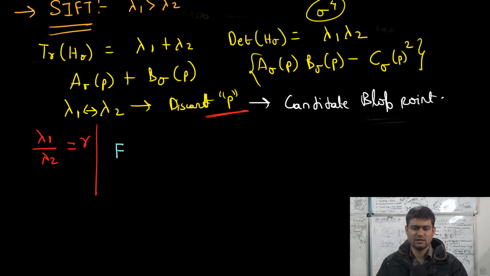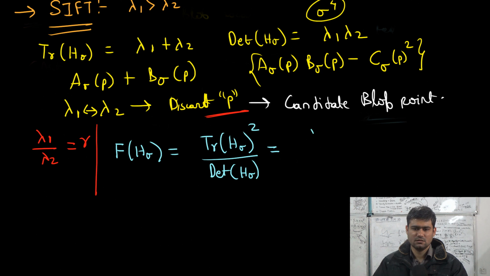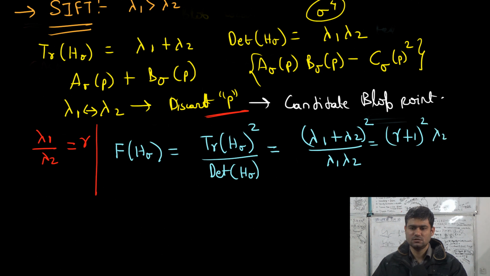Now we can compute our function f of H sigma as the trace of H sigma squared over the determinant of H sigma, which is equal to lambda 1 plus lambda 2 squared over lambda 1 times lambda 2, which is gamma times lambda 2, so (gamma plus 1) squared lambda 2 squared over gamma lambda 2 squared.